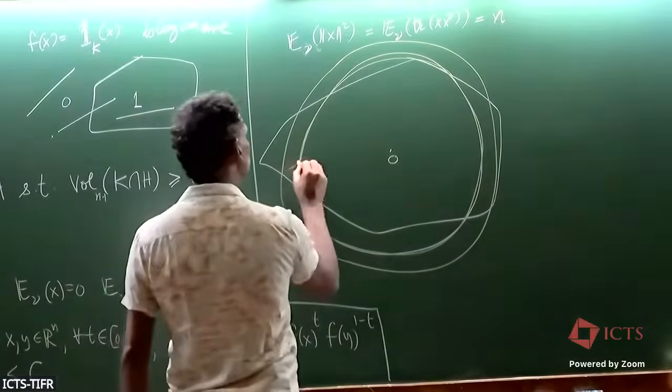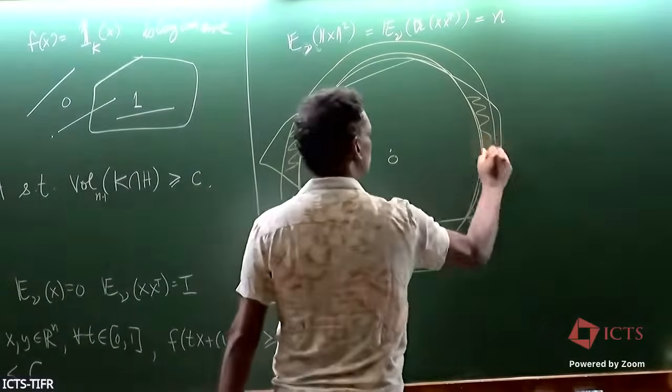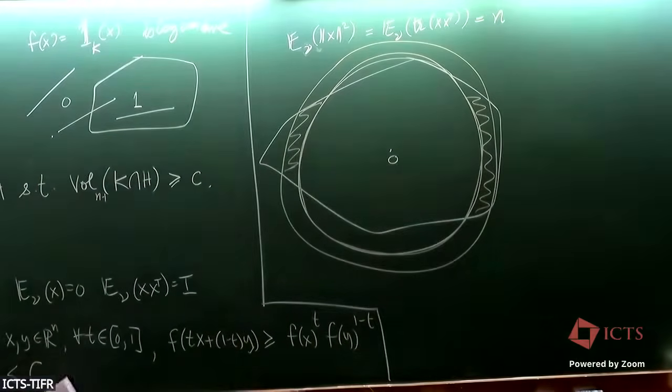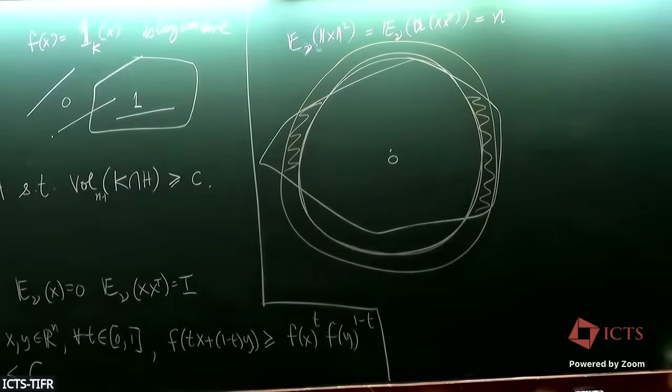So most of the mass of this convex body, which is an arbitrary isotropic convex body, is contained in a shell of constant thickness. Right? So that's what the thin shell conjecture says, that most of the mass is contained in a thin shell for any isotropic log concave distribution. This is still a conjecture.